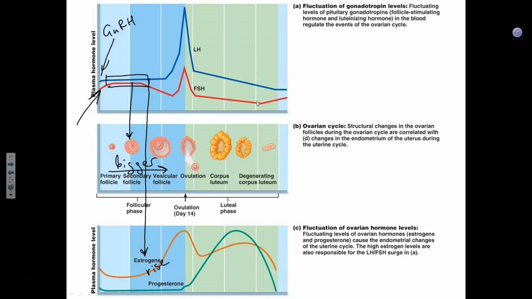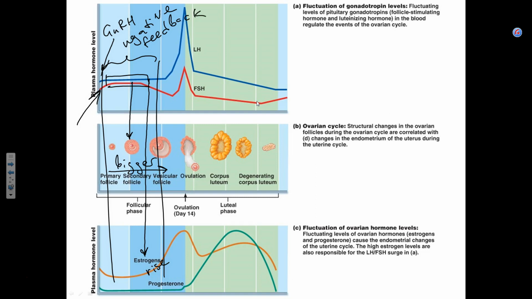That make sense? Now this part here, what kind of feedback do we see? Negative feedback. So far we're clear? So estrogen rises.